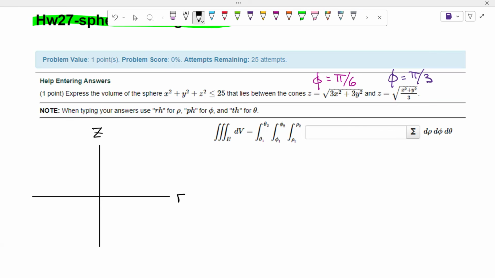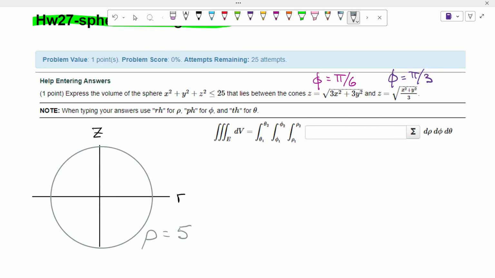Because we're just going to go all the way around theta from 0 to 2 pi. But if I project into the ZR plane, the sphere looks like a circle. I'll label it down here, rho equals 5. Because again, that's representing the sphere. It just looks like a circle because of our projection.